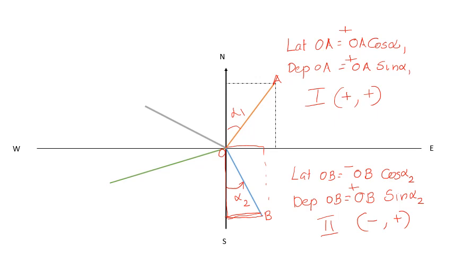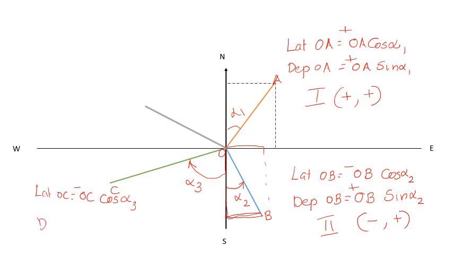Now suppose this is line OC and the bearing of line OC is alpha 3. So we can say the latitude of OC is equal to the length OC cos alpha 3, right? As it is towards the south direction, this will be negative.